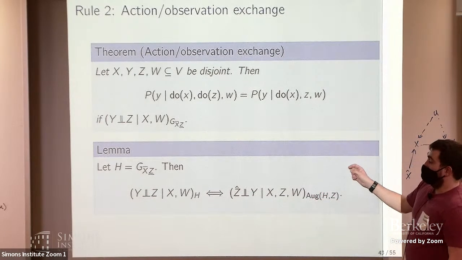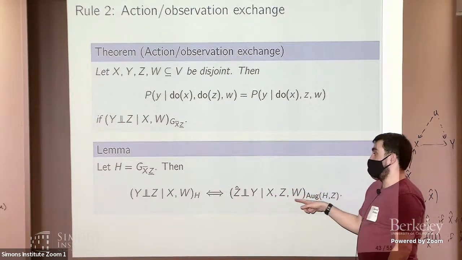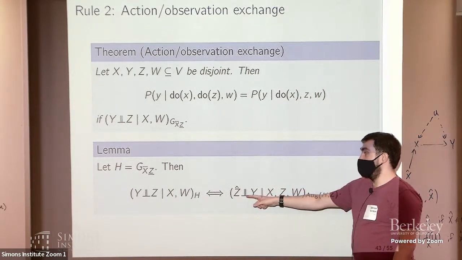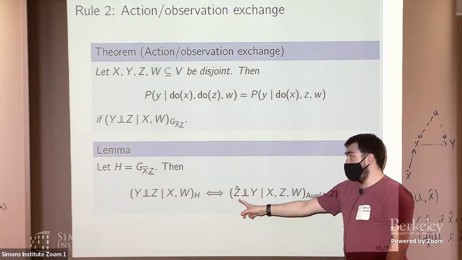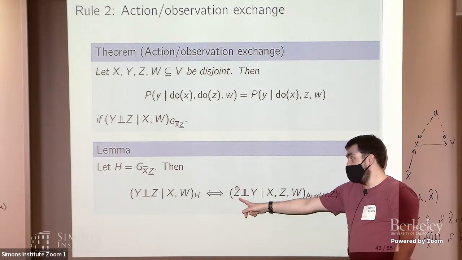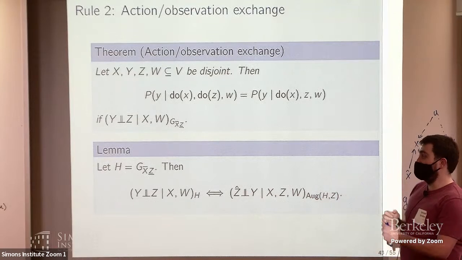Hopefully you can see why this d-separation might be useful. Saying that Y is d-separated from this intervention variable for Z, given X, Z, and W, is exactly what you'd think it is.